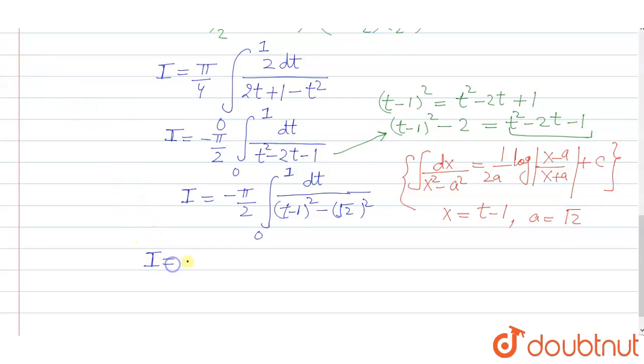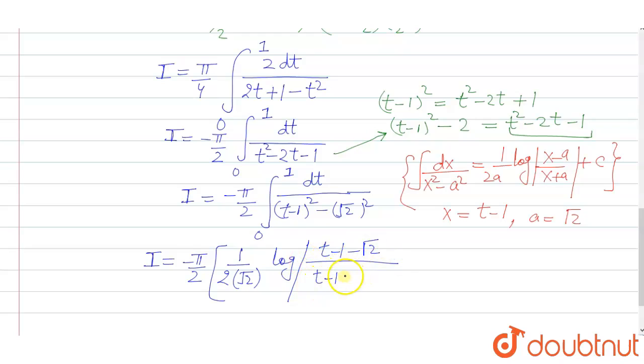So integral I becomes minus pi by 2 and 1 divided by 2a, a is root 2, log of mod x minus a divided by x plus a. x is t minus 1, so that is t minus 1 minus root 2 divided by t minus 1 plus root 2, and limits are from 0 to 1.